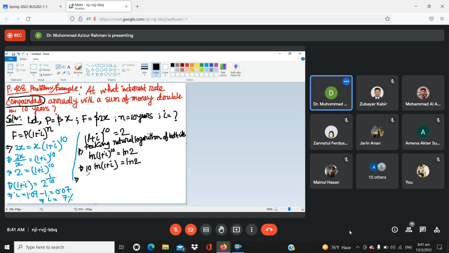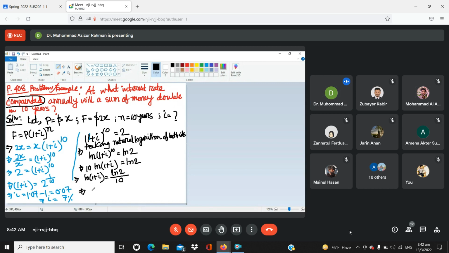So that means ln 1 plus I is equal to ln 2 divided by 10. Since it's ln, ln means what? Log base e, right?